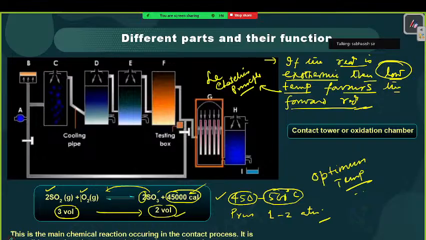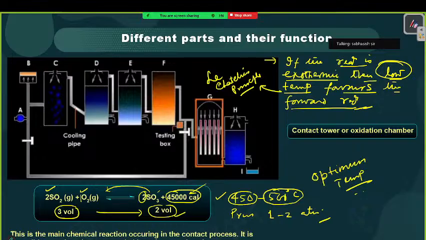Now, why should we use an optimum temperature? Because if you use a very low temperature, the rate of the reaction will be slow and the production of sulfur trioxide will be very, very slow.